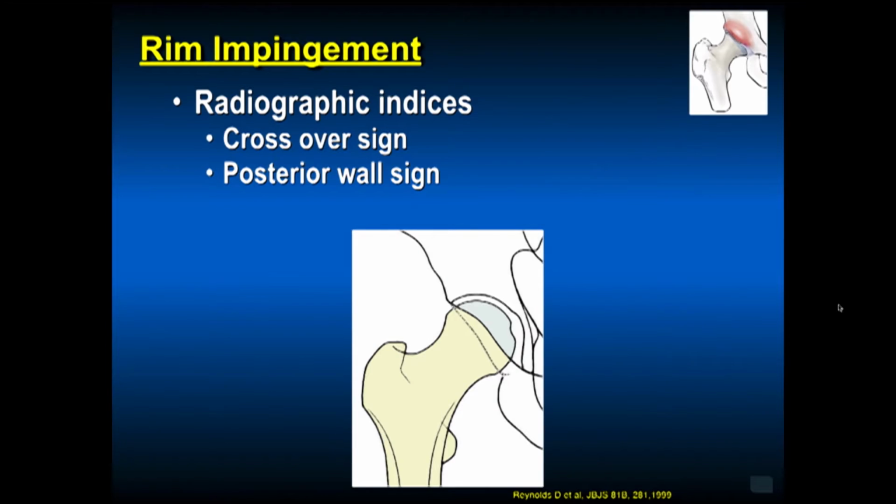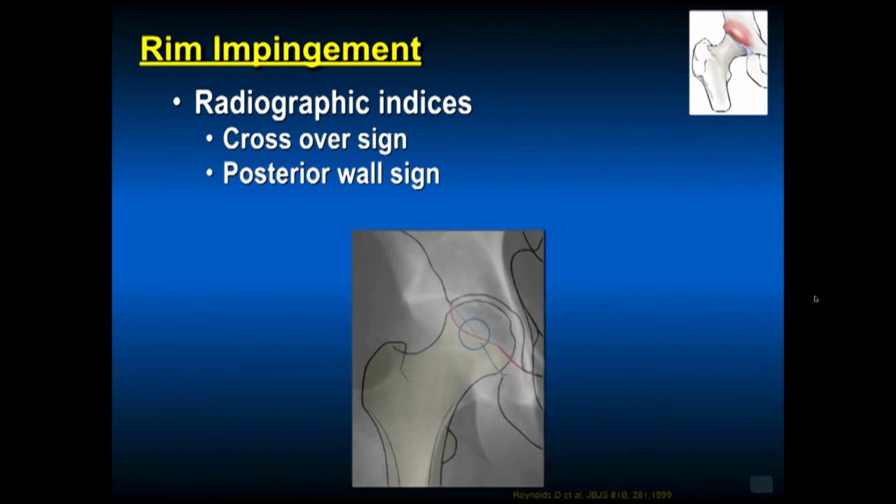This is the normal appearance. Rim impingement is more for the pincer type, and these signs are the crossover sign or the posterior wall sign, indicating the acetabulum is retroverted, or pointing backward. So this is the crossover sign indicating acetabular retroversion. And then the center of the femoral head.